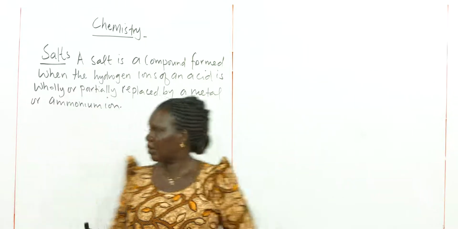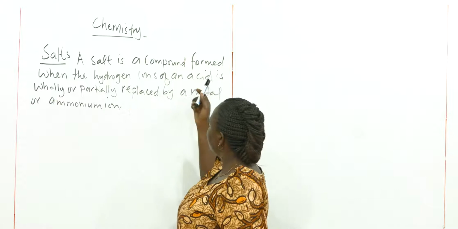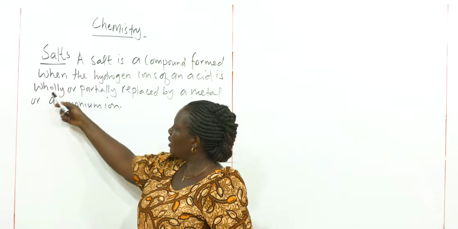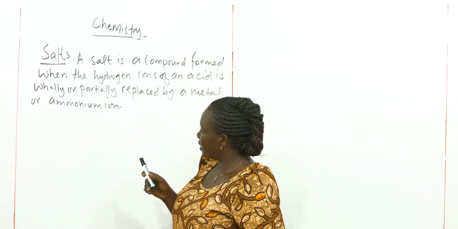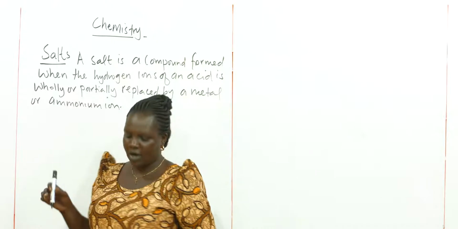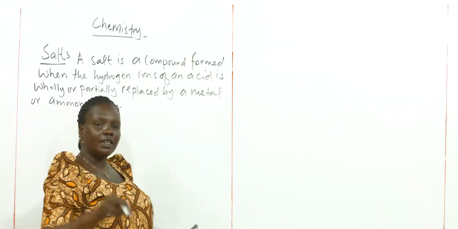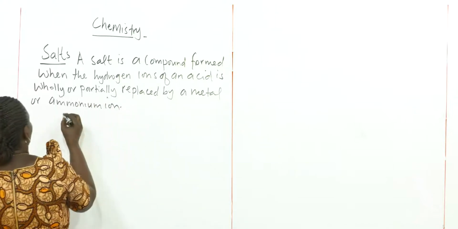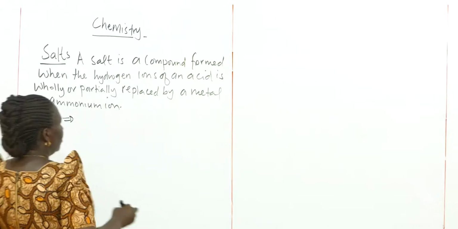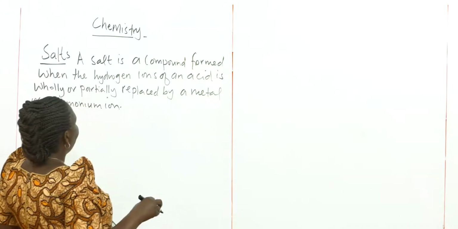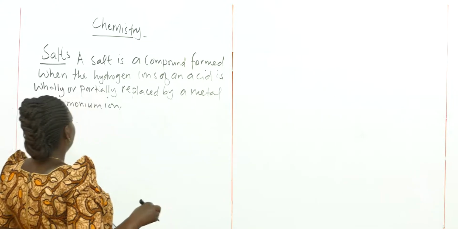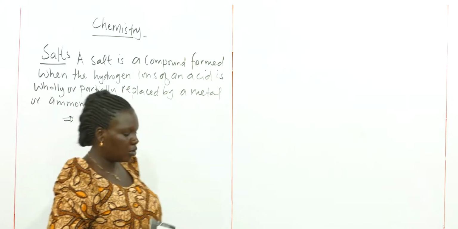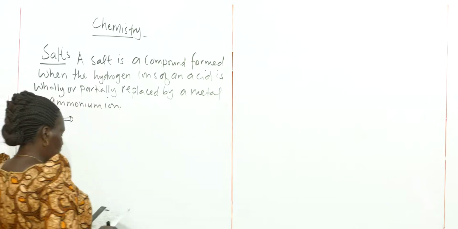And this process of displacement of hydrogen ions, whether wholly, that is completely, or partially, is called neutralization, or we say the process involves a neutralization reaction. So the hydrogen ions of the acid are replaced through neutralization reaction.